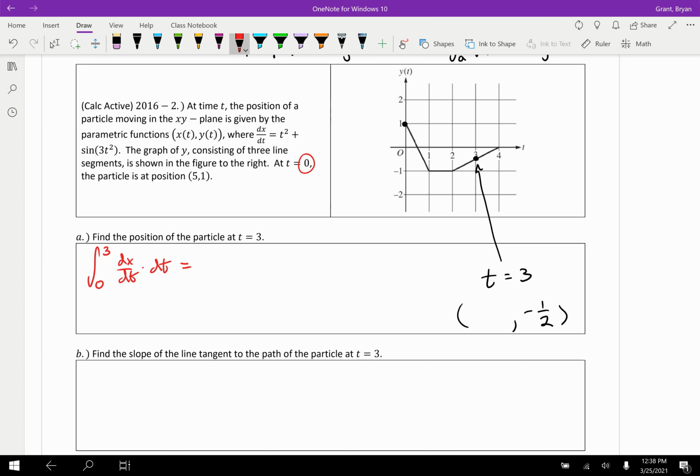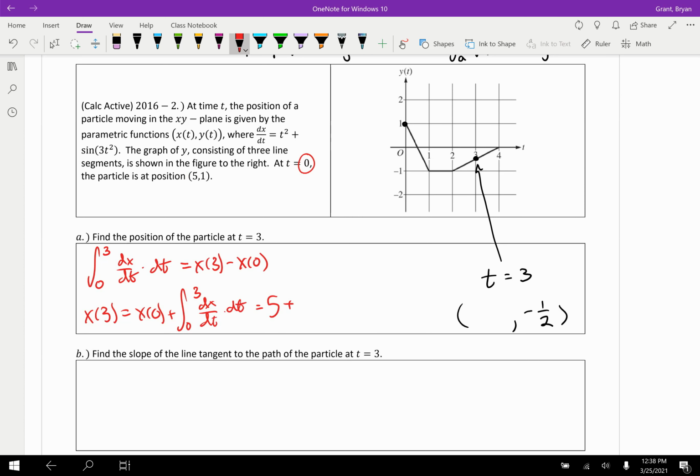And I know that that's going to be, using our position notation up here, x of 3 minus x of 0. Moving this around a bit, we're looking for x of 3, so x of 3 is equal to x of 0 added to this integral from 0 to 3 of dx dt. Working this out, x of 0, they told us the position of the particle is located at 5.